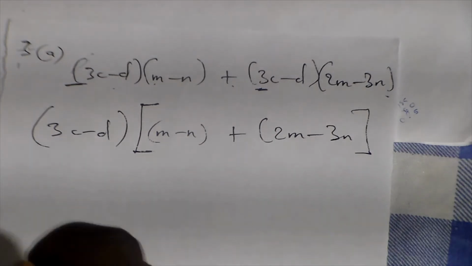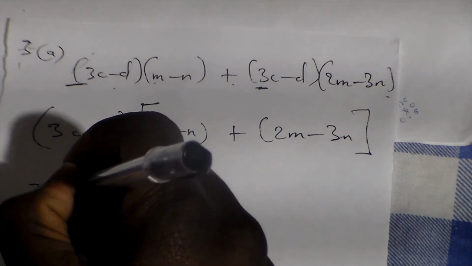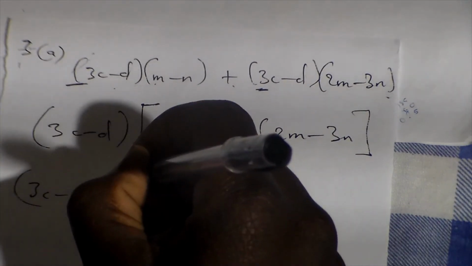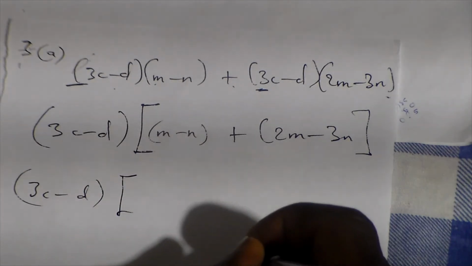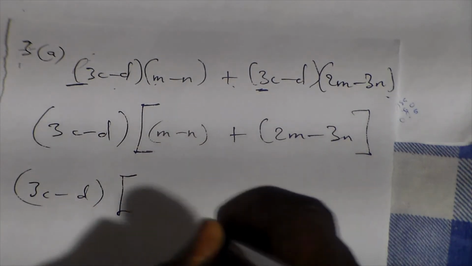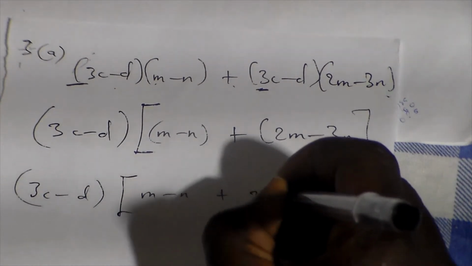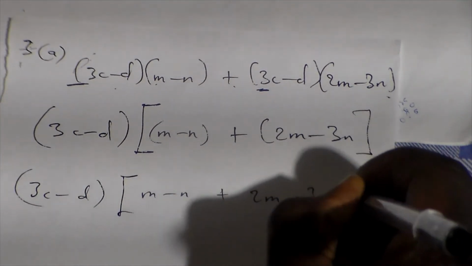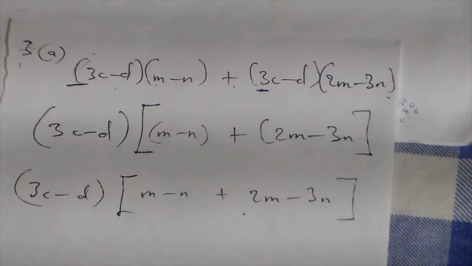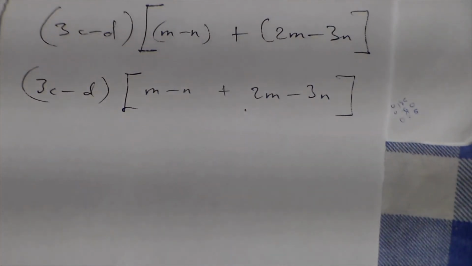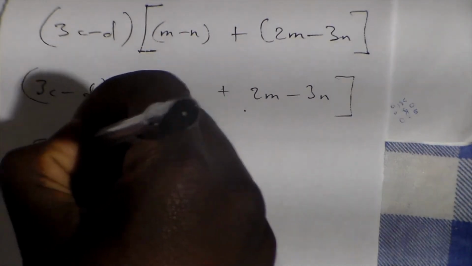Okay. Now, simplifying further inside the bracket of the factored out expression, we will say m minus n plus 2m minus 3n. Okay, these can add further.